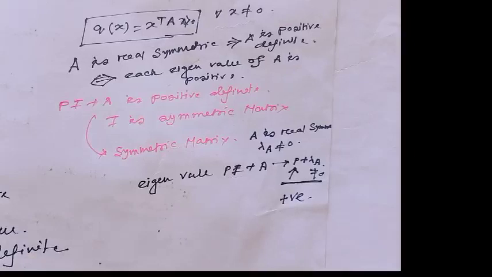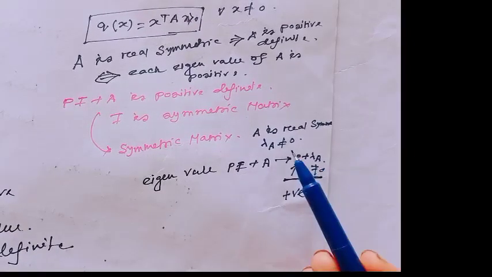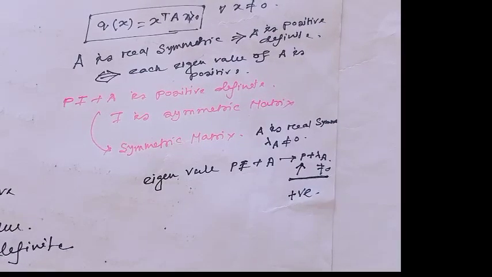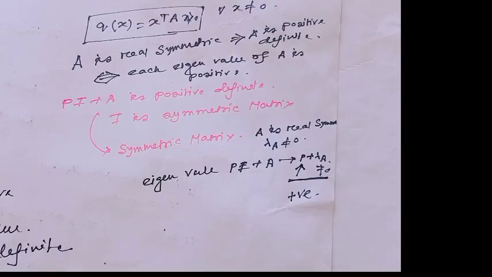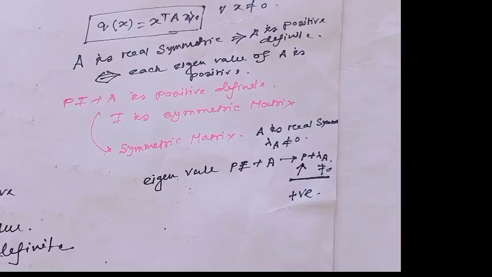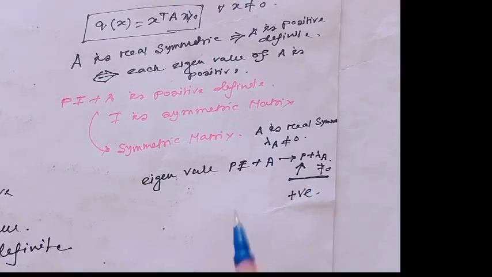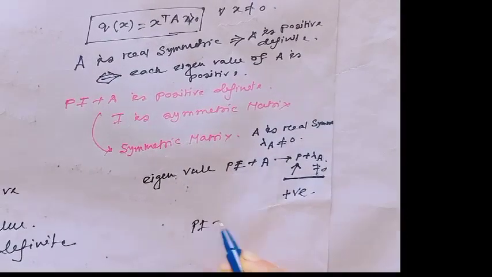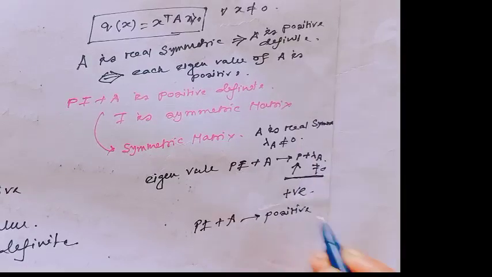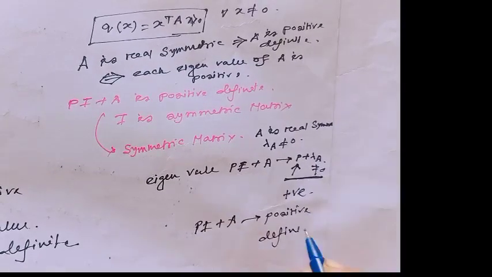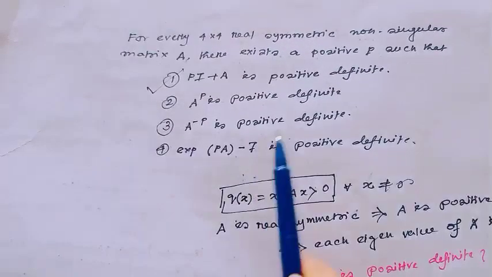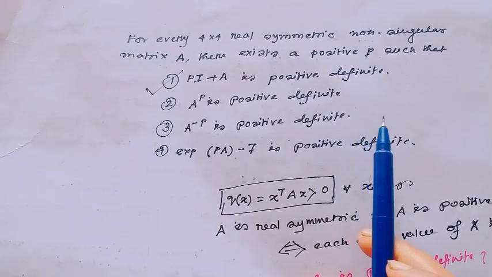That means for any eigenvalue of A, there always exists one natural number P such that P plus lambda is positive. I hope all my viewers have understood this concept easily. So PI plus A can always be positive definite. That means option 1 is the right option.